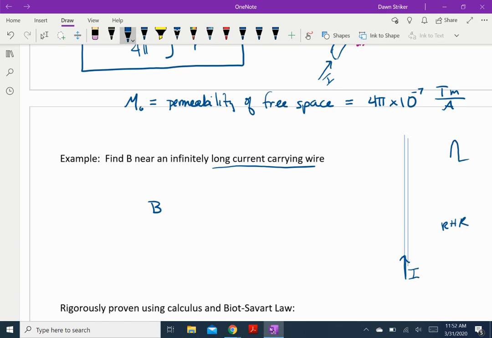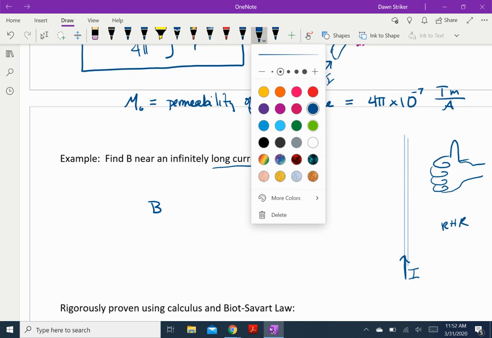So here's my thumb pointing up, and then my fingers sort of curl like this, right? Fat fingers. And there's the rest of my hand. I don't know, that's a pretty nasty looking hand, but you know what I mean. This is my thumb. So what does that tell me about the direction of the magnetic field?